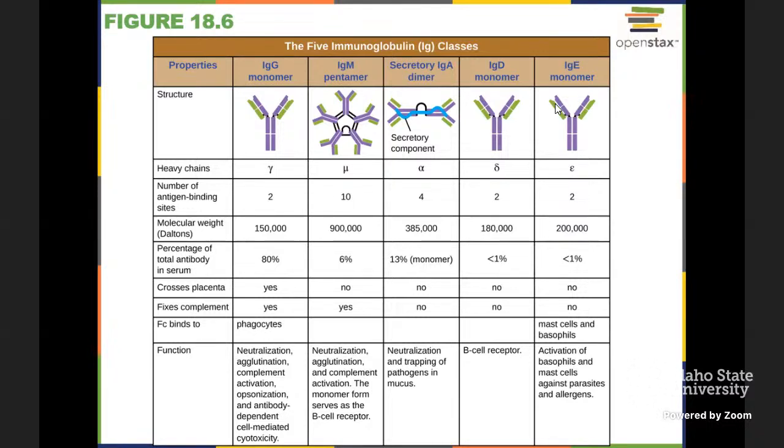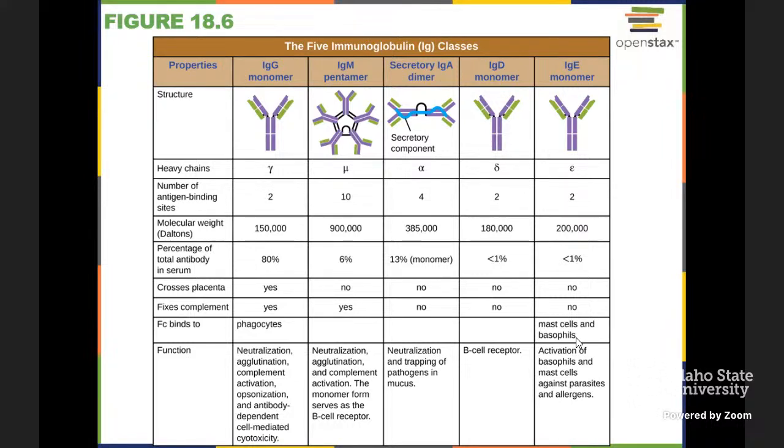And lastly, IgE. All right. We see this with the opsonizing. I look right here: the Fc region of it combines to phagocytes. So that's the opsonization. That can stimulate other cells to recognize, link up, and destroy. With our IgE, it combines to the surface of mast cells and basophils.